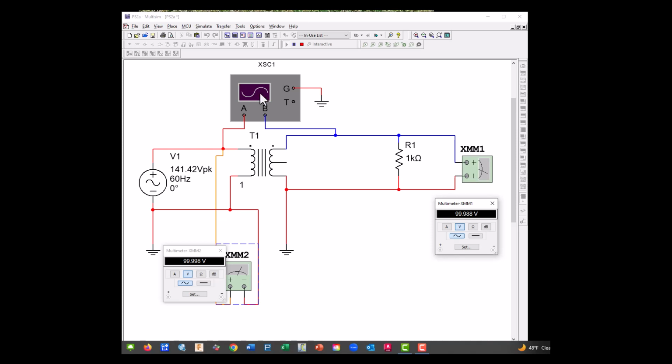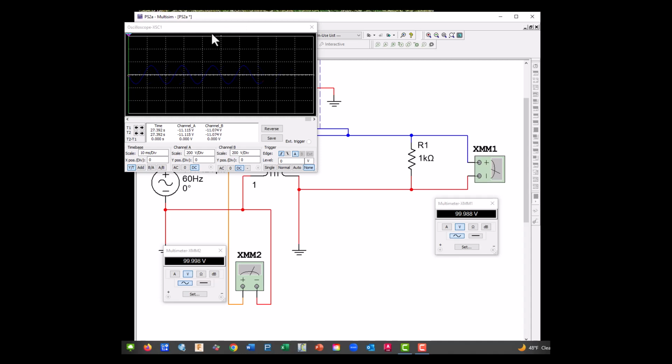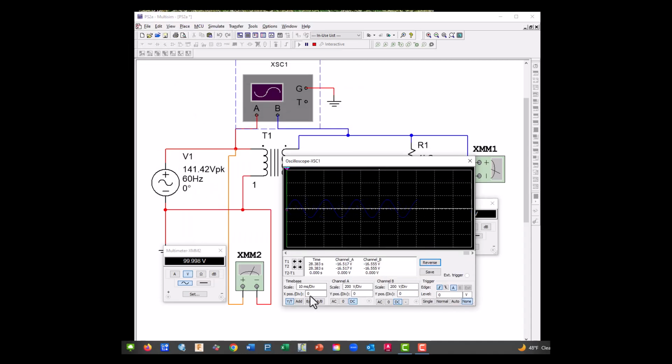So let's take a look at our scope. So 200, and being this 1-to-1, let's go ahead and turn one of these off, and you see the red underneath and the blue on top, and they're both the same. All right, and they're in phase.